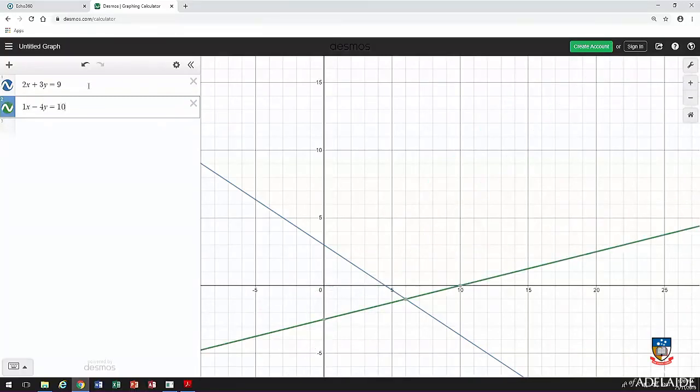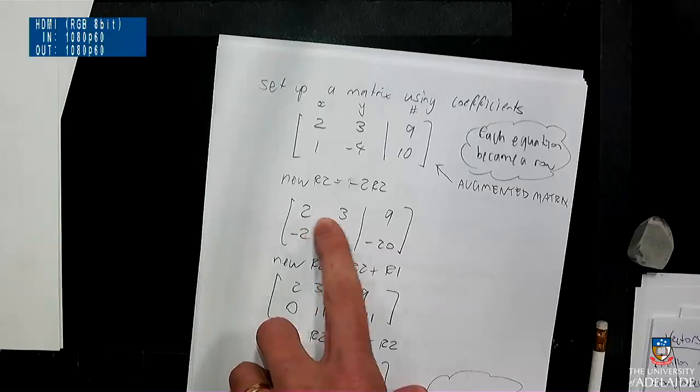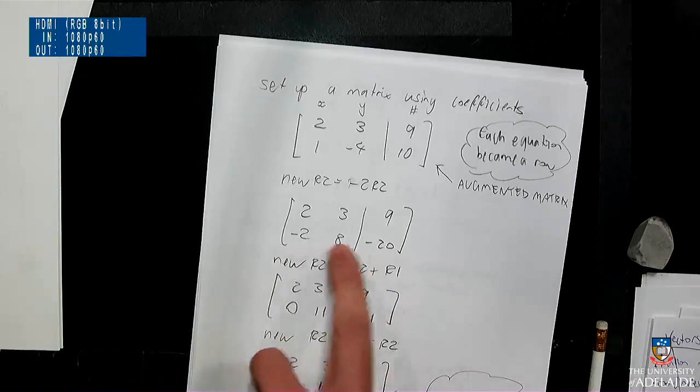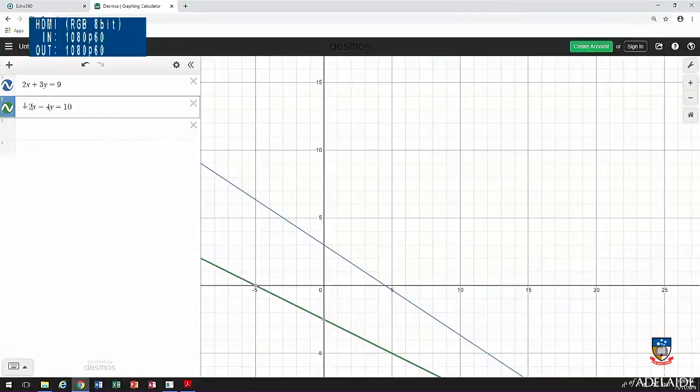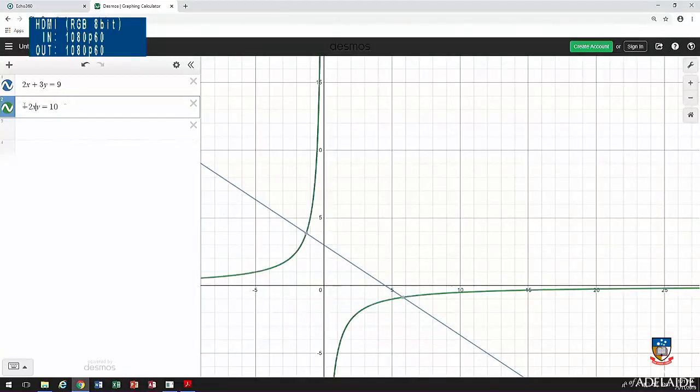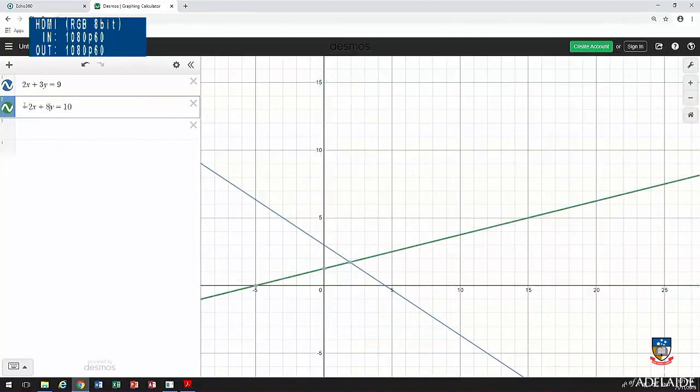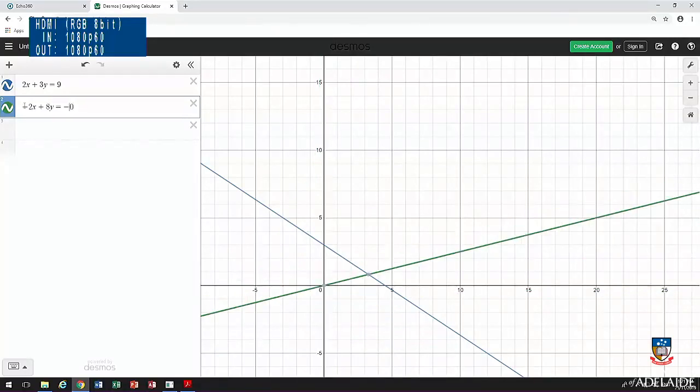That was my first matrix. Then my second matrix was still 2, 3, 9, but it was minus 2, 8, and minus 20.